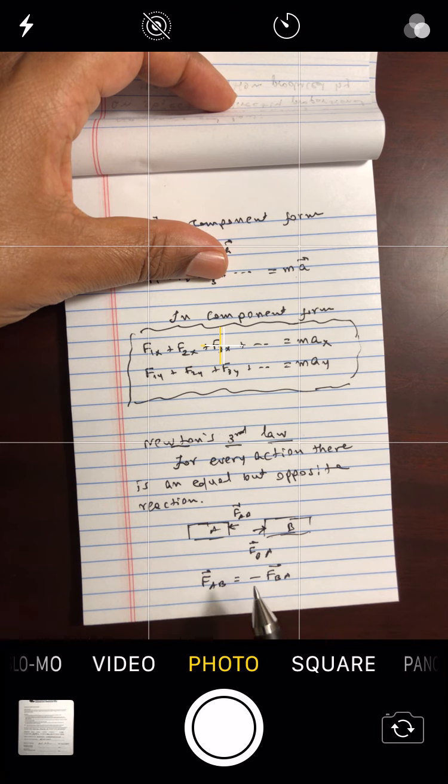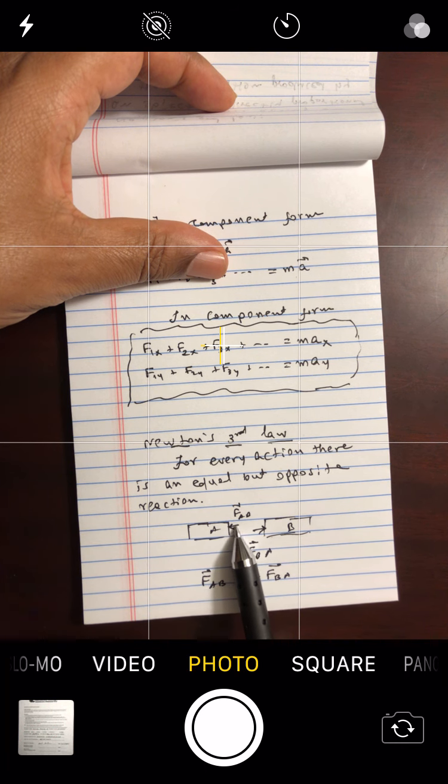Now, even though they're opposite, they don't add up to zero because they're acting on different objects. This force is acting on this one and that accelerates it, and this force is acting on the other one and that accelerates it. So these forces cannot cancel each other because they're acting on different objects.